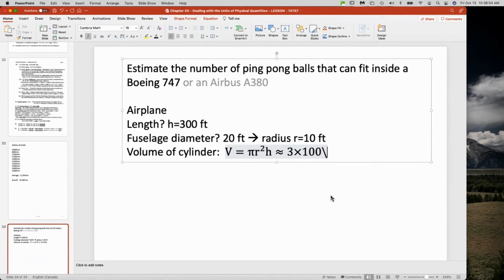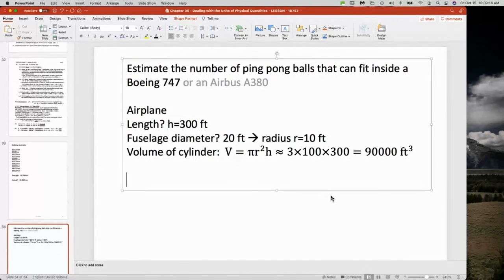I'm going to put 100 there. I think that's okay if I square it. We don't have to show me squaring it. So it looks like we have 3 with 4 zeros, and then a 3, so we have a 9. So it looks like we have 90,000 cubic feet. Okay, so that's what we're working with in terms of the actual volume of the fuselage.